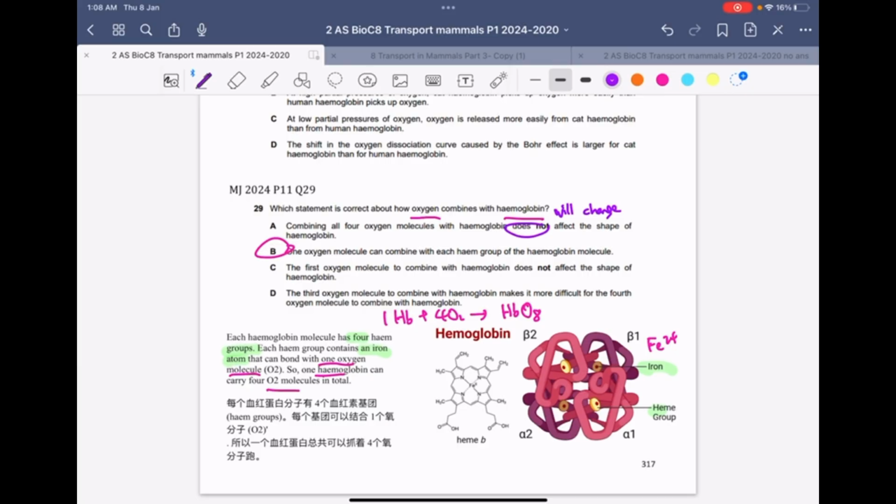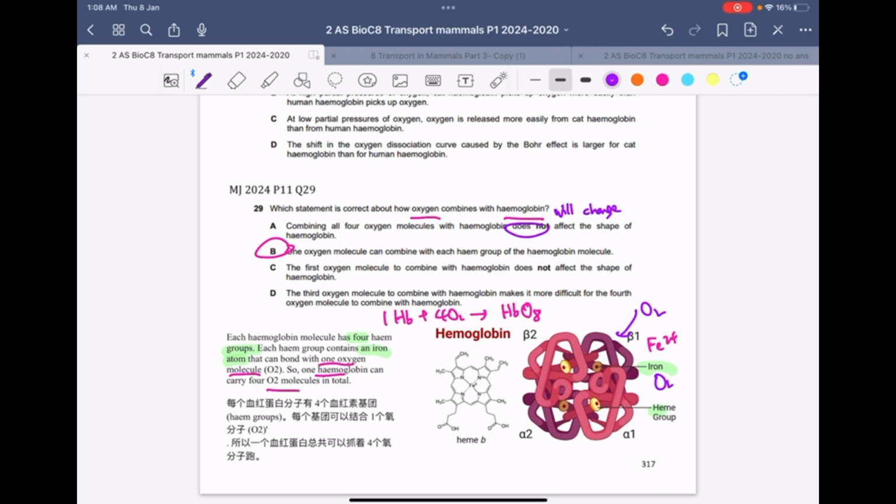This is called a conformational change. Even though the first oxygen binds to the heme group on the hemoglobin, it will induce a conformational change to the whole hemoglobin molecule. It will induce a change to the whole protein. So it will make it easier for the second oxygen to bind to the heme groups.